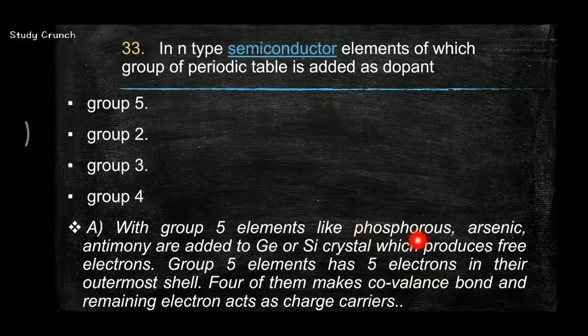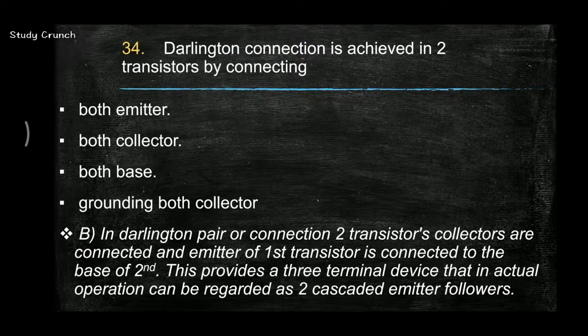A group 5 element has 5 electrons in its outermost shell. 4 of them make a covalent bond and the remaining acts as a charge carrier. Next, a Darlington connection is achieved in two transistors by connecting both collectors. The emitter of the first transistor is connected to the base of the second. This provides a three-terminal device whose operation can be regarded as two cascaded emitter followers.